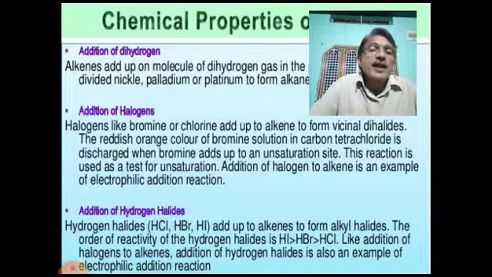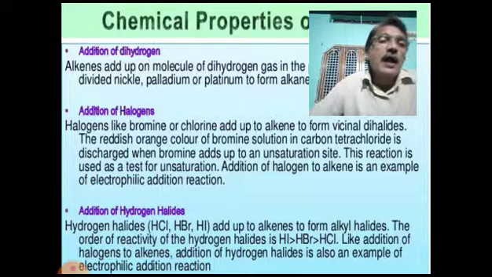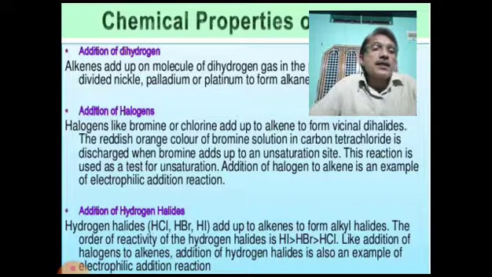Addition of hydrogen halide. Hydrogen halides, for example hydrogen chloride, hydrogen bromide, hydrogen iodide, add to alkenes to form alkyl halides. The order of reactivity of the hydrogen halides is: hydrogen iodide is more reactive than hydrogen bromide, which is more reactive than hydrogen chloride.